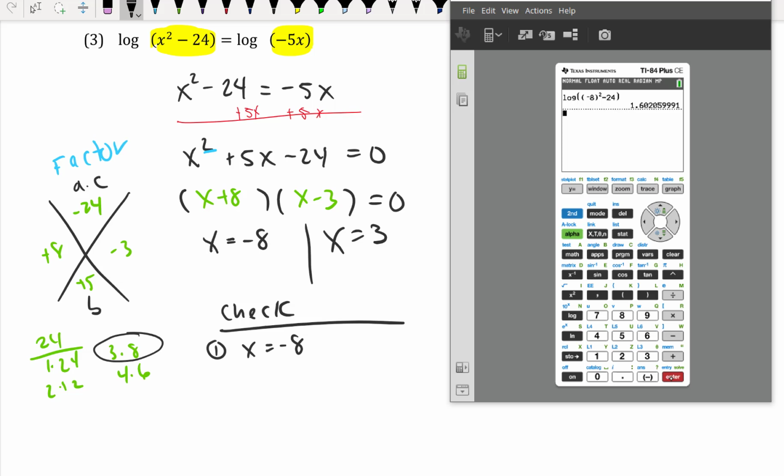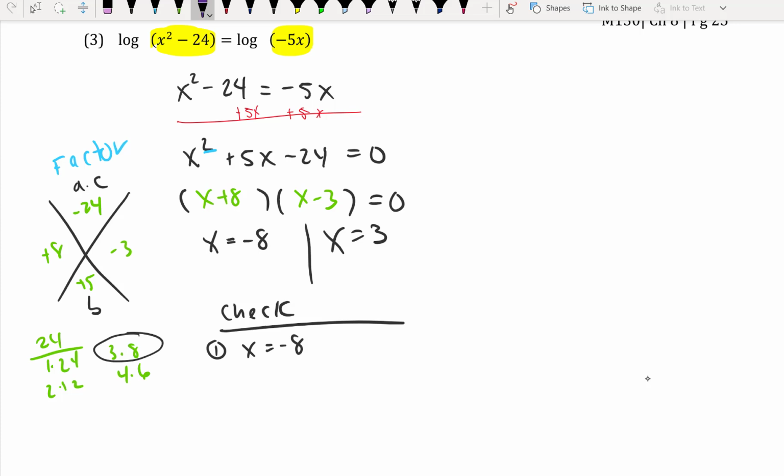That's equal to that decimal. If I do the right hand side, log of parentheses, negative 5 times our negative 8, I get the exact same value. So we are good. We know that x is equal to negative 8 is a good answer.